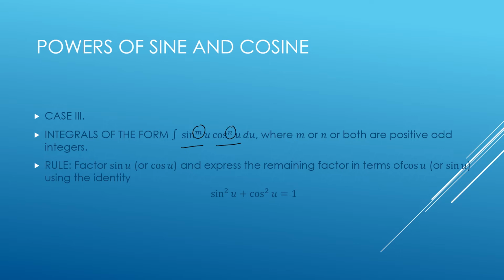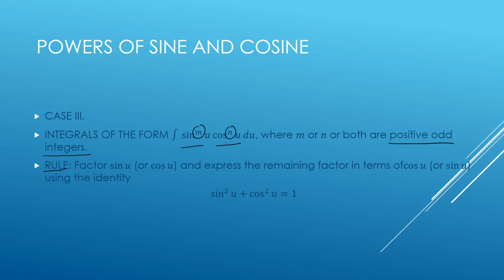If one or both powers are positive odd integers, we will apply the same rule as in case 1. Meaning, for the factor that has an odd exponent, we factor out sine or cosine, and all the other remaining factors must be expressed in terms of the complementary function.